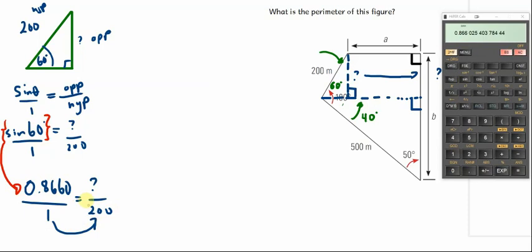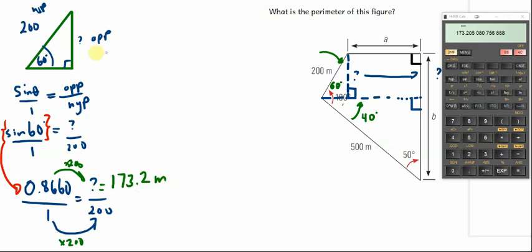I can go from 1 to 200 fairly easily by saying times 200. So times that by 200. And that question mark is 173.2, and that's meters.